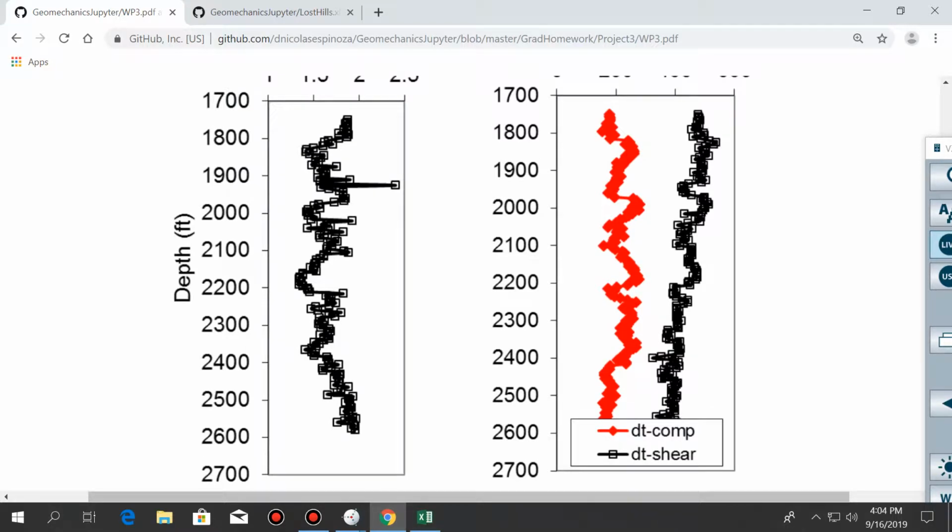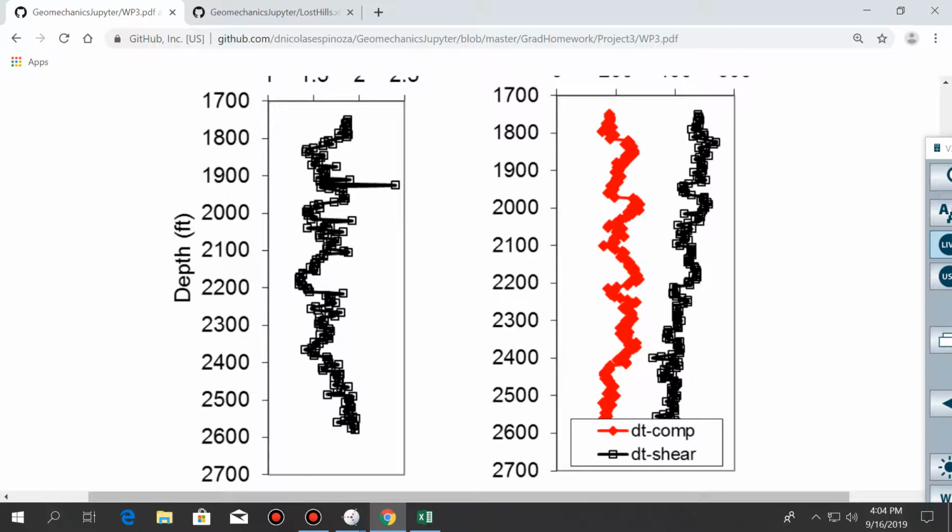Here, between depths of 1800 to 1900 and below depths of 2400, there is a small slowness time. That means that the wave goes very quickly compared to this region. And what that means is that the rock is stiffer in these regions with a low travel time.